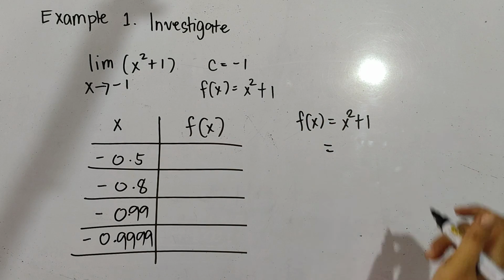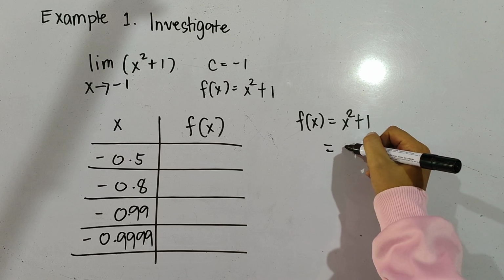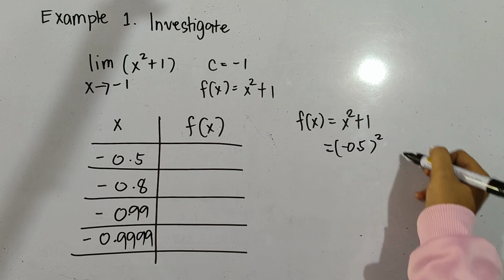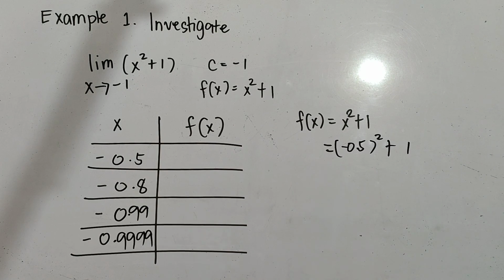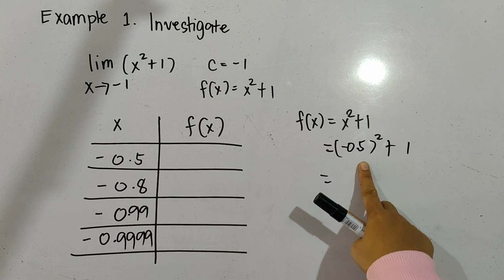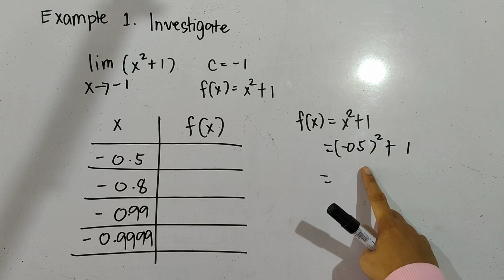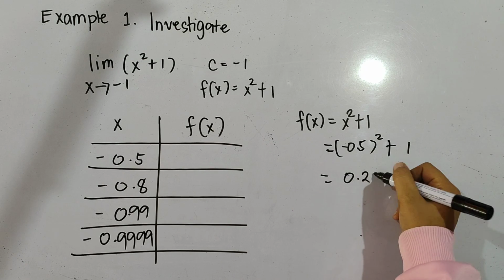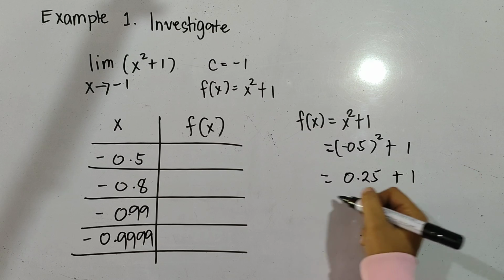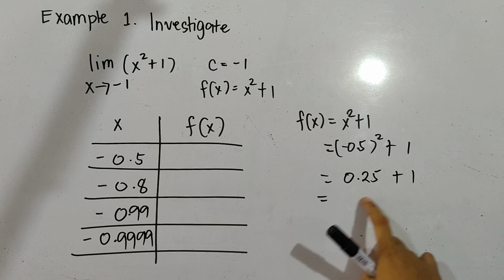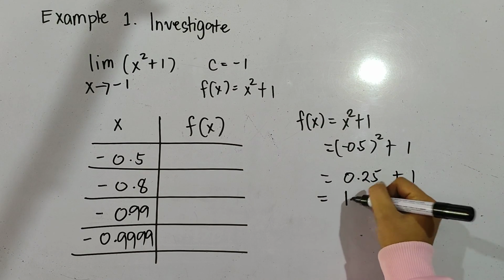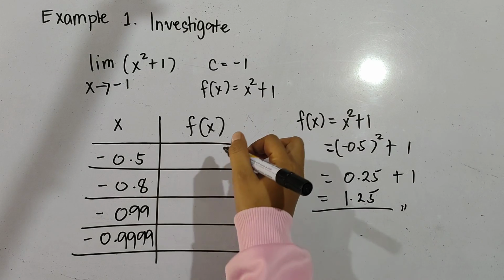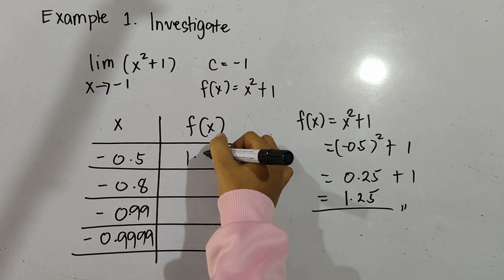Let's substitute the value of x, negative 0.5 raised to the power of 2 plus 1. Negative 0.5 raised to the power of 2 is equal to 0.25 plus 1, which is 1.25. So the value of our f of x is 1.25.